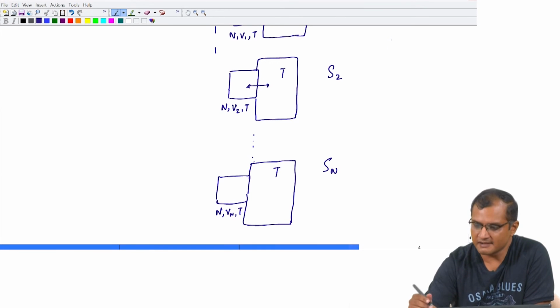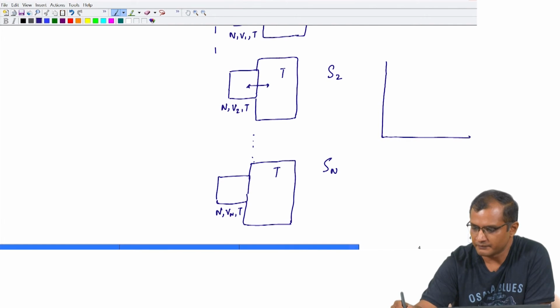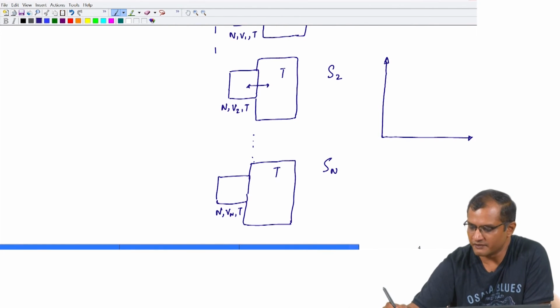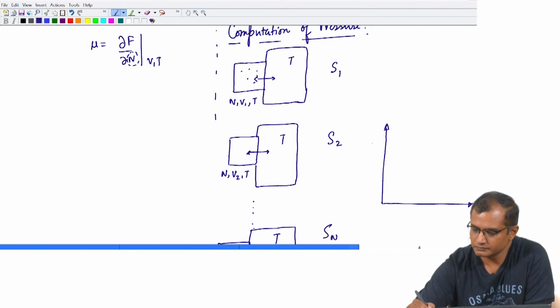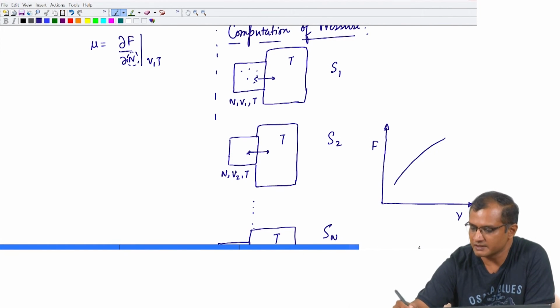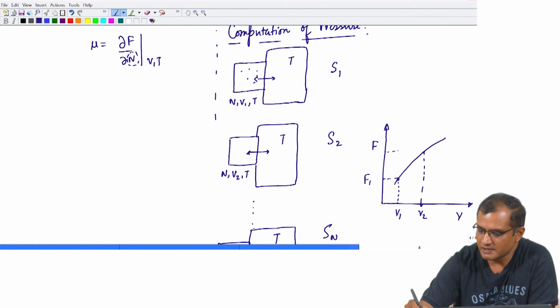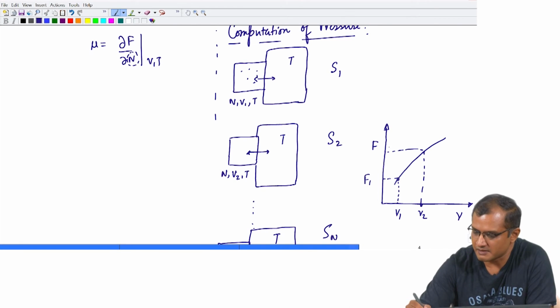And now from all these n systems you compute their free energy versus volume. So, this would be something like this. This is your V1 and this was the free energy of the first system. This was the volume of the second system and that is the free energy of the second system, and so on.